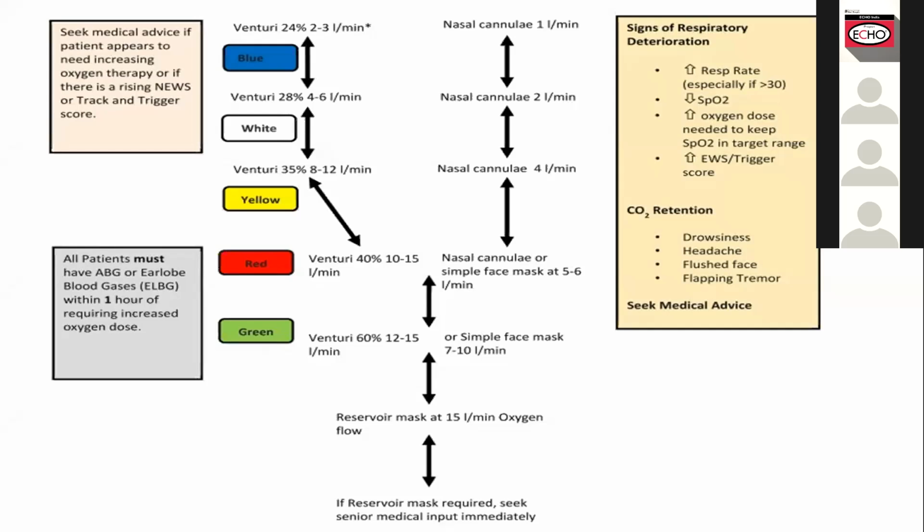And if the patient is not improving, you can go up to 4 to 6 liters to increase the inspired FiO2 to 28%. But if your patient is not doing well or reaching your targets on 4 to 6 liters, you can go to 8 to 12 liters and reassess afterwards.